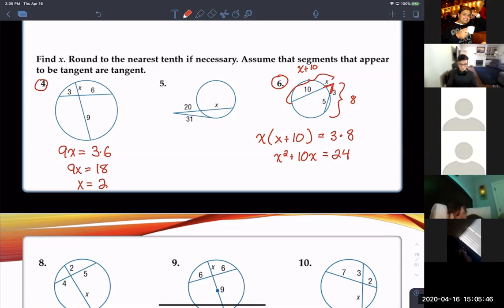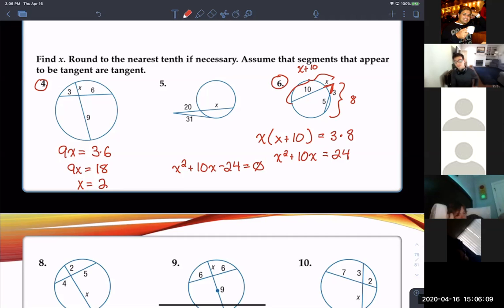Now, let's talk about number 6. So remember, this is quadratic in nature. So we have to solve this. When you solve a quadratic equation, the first thing you've got to try is to see if you can factor it.